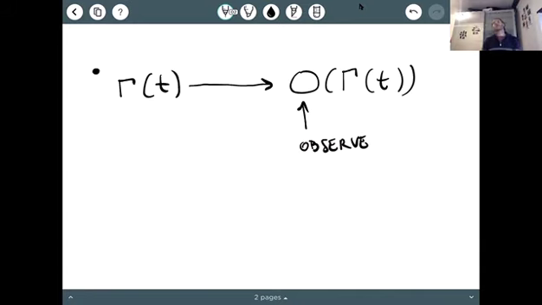Or my observable could be the angular momentum of the particle, or the angular rotation of the particle, because in principle I can measure it. And I need a more elaborate combination of position and momentum in order to obtain those observables.